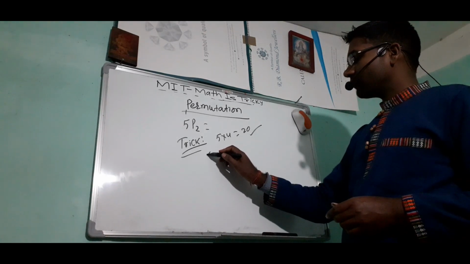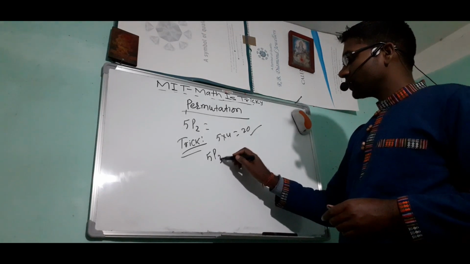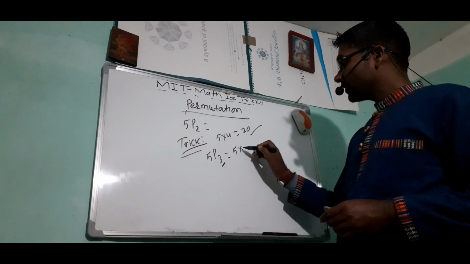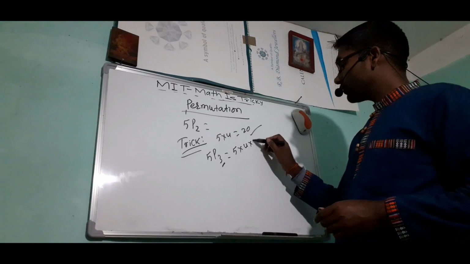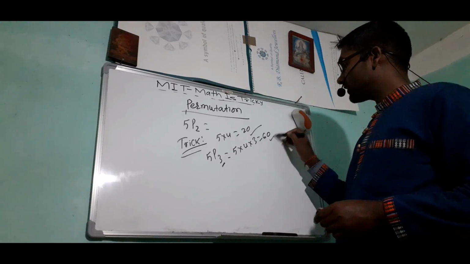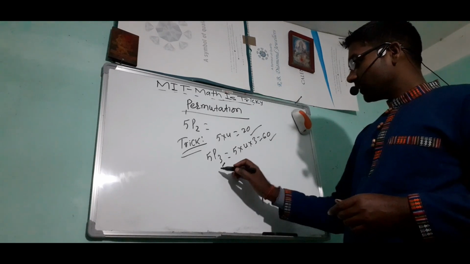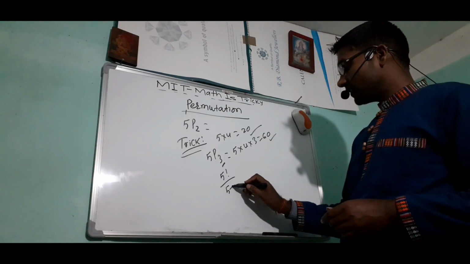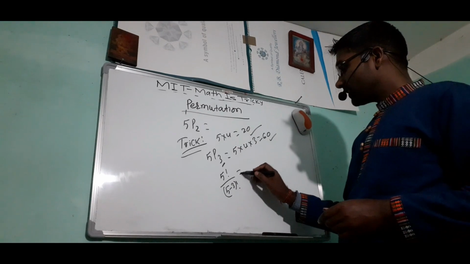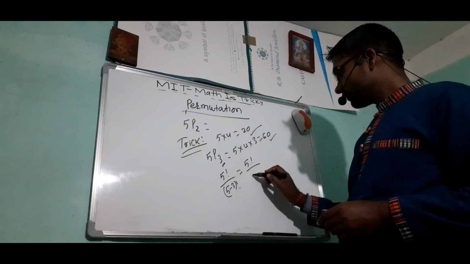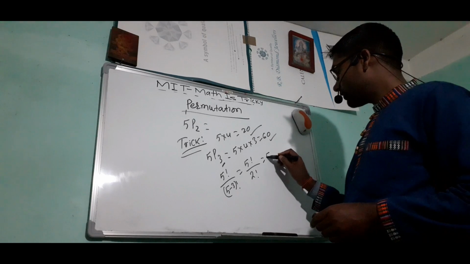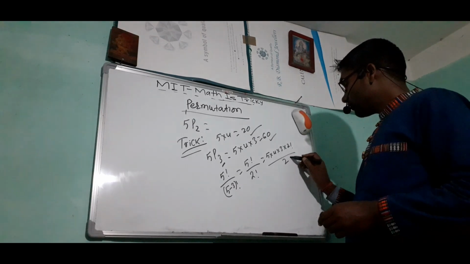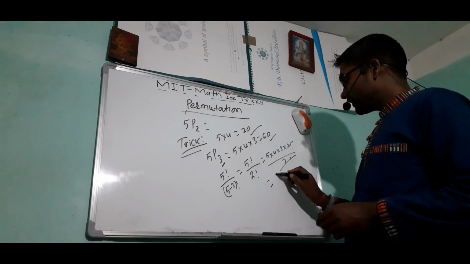Let me explain one more thing. Suppose you write 5P3, the answer will be 5 into 3 steps. So 5 into 4 into 3, that is 60. That's your answer. You can check by the formula also: 5 factorial by (5 minus 3) factorial, that is 5 factorial by 2 factorial, so 5 into 4 into 3 into 2 factorial by 2 factorial, and by cancellation we get the same thing.